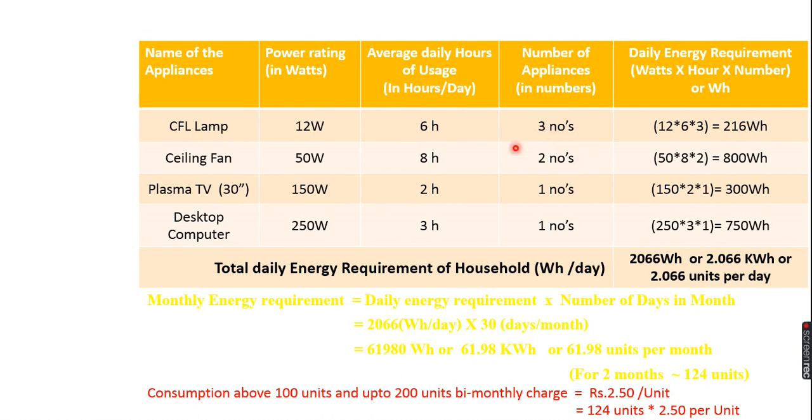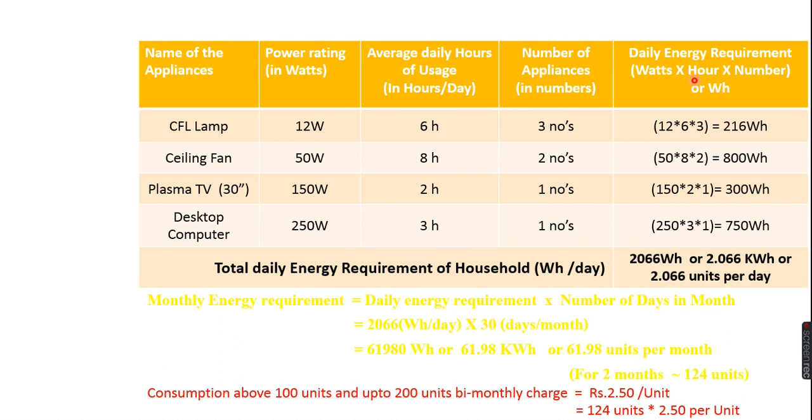Second, 2 numbers of ceiling fan are used. Third, plasma TV, 1 number, and fourth, desktop computer, 1 number. In the fourth column we have to mention the quantity, how many electrical appliances we are using.